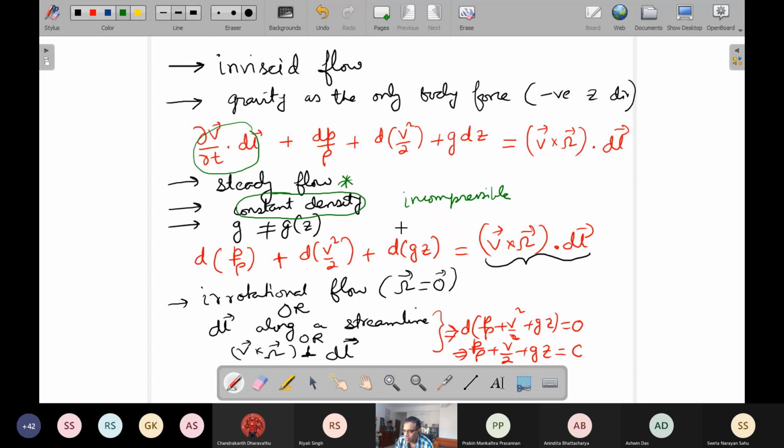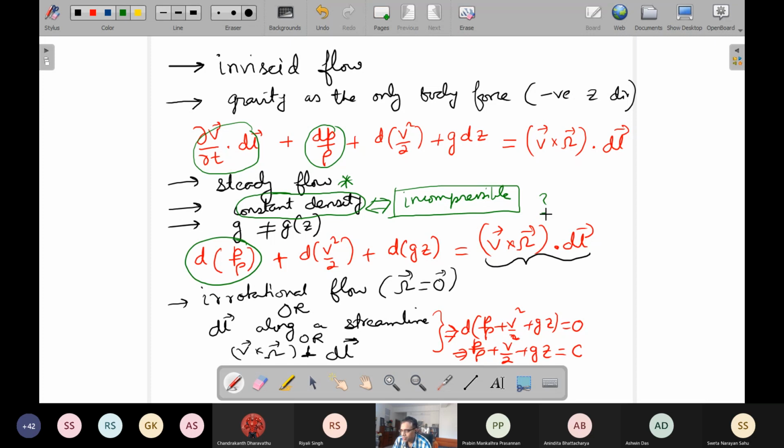Instead, I used constant density, which you may relate very easily from the derivative operations. That is, if something is a constant, you can put it inside the derivative without a problem, and that is what you want in this term, nothing more than that. But the obvious question comes that when in the books it is written that for Bernoulli's equation the flow has to be incompressible, does it mean that this is wrong, or is there a correlation between this?